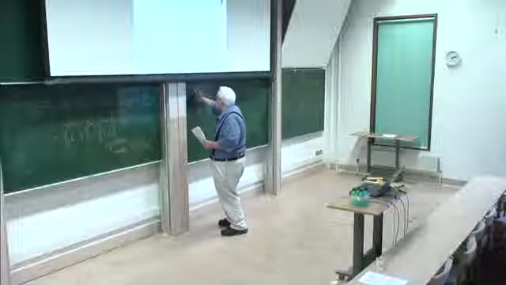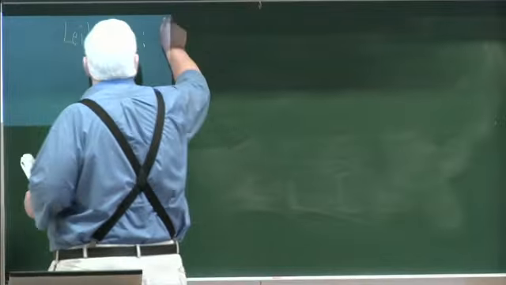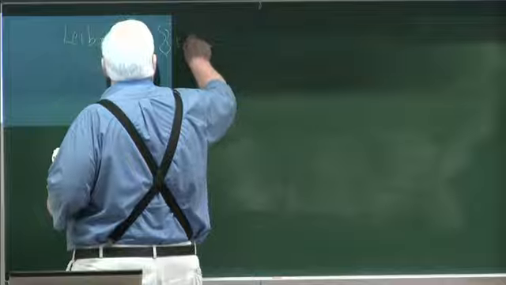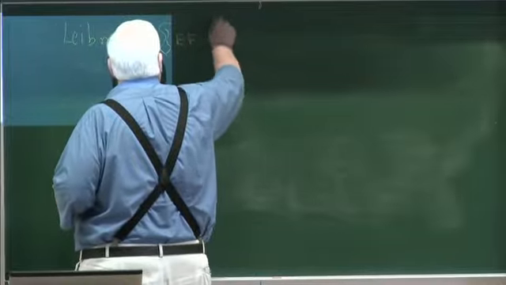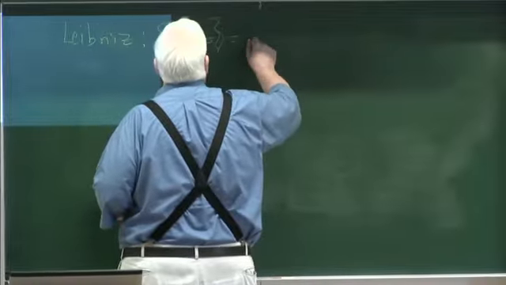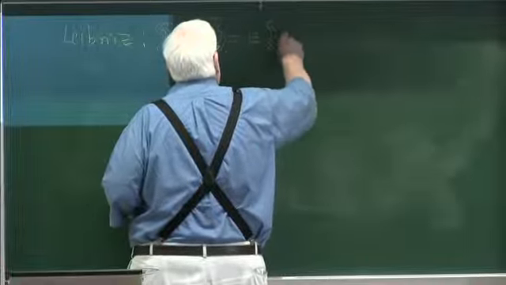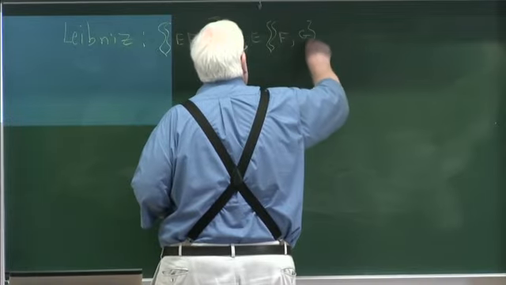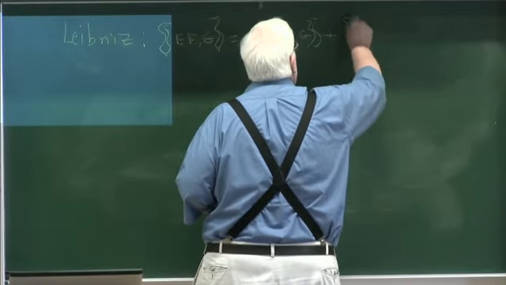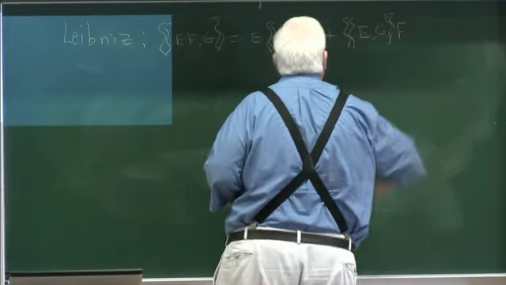So Leibniz means that the double bracket of E times F with G is equal to E times the bracket of F with G plus the bracket of E with G times F, right?